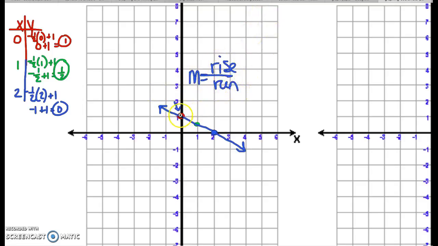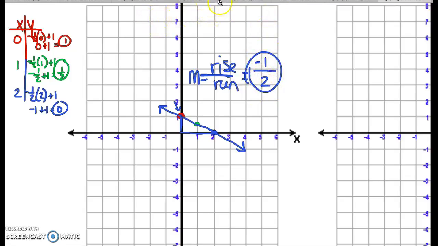Starting here, how far would you have to rise? Well, I would need to go down 1. Since I'm going down, that makes that a -1. And then I need to run 2, and since I went to the right, that 2 is positive. So your slope right here is -1 over 2.